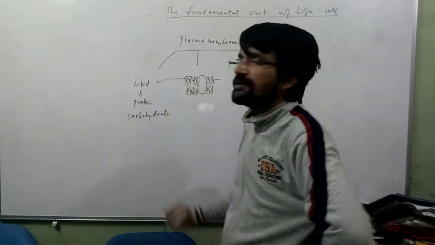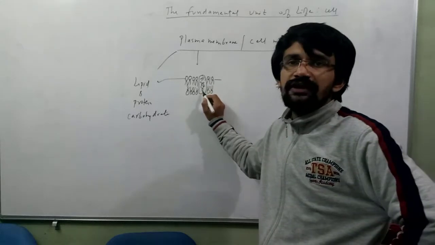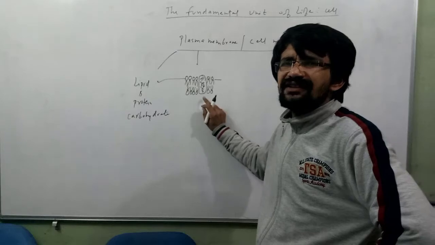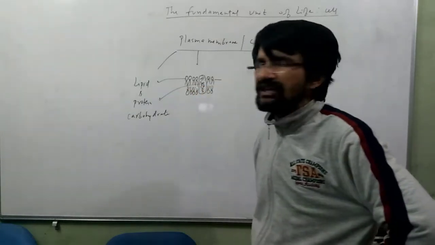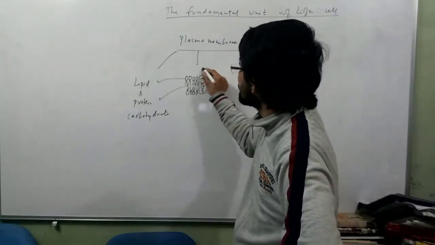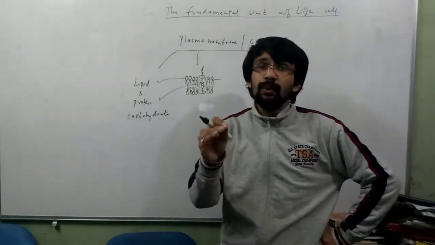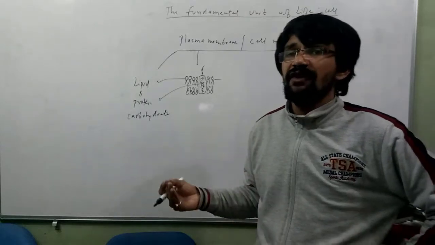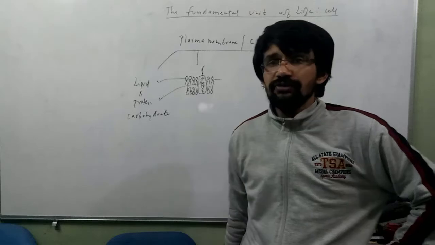But this macromolecule which is present over here is your protein. Is that clear, everyone? And on the protein, there might be certain carbohydrate units present to identify whether the cell is of our body or of foreign origin. So it's something related with immunity.